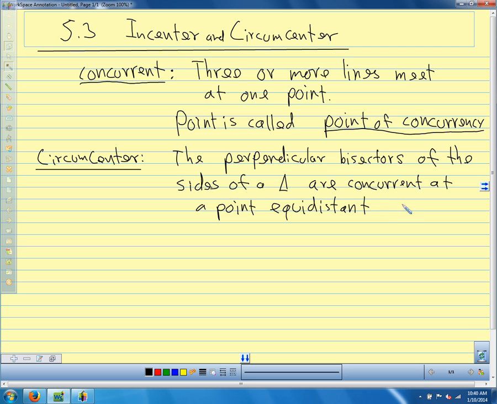A point equidistant from the vertices. So if we have the perpendicular bisectors of the sides of a triangle, they all meet at one point, and that point is the same distance from each vertex. The point is the circumcenter of the triangle.